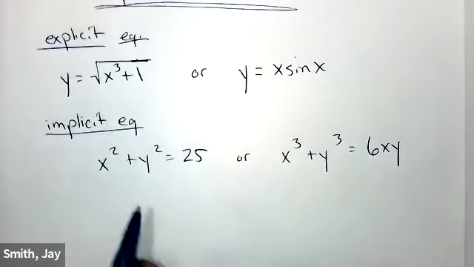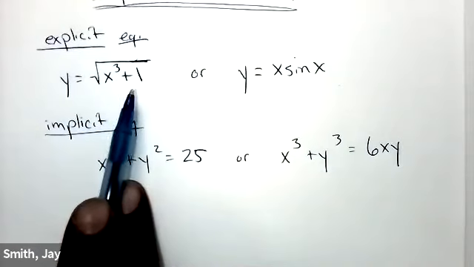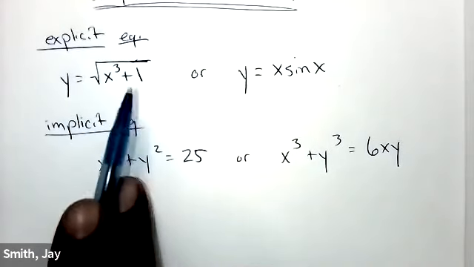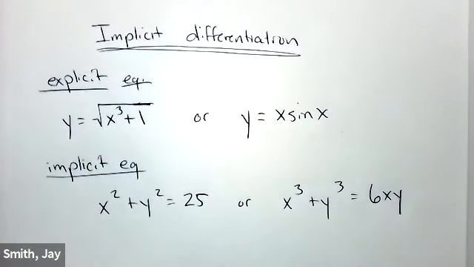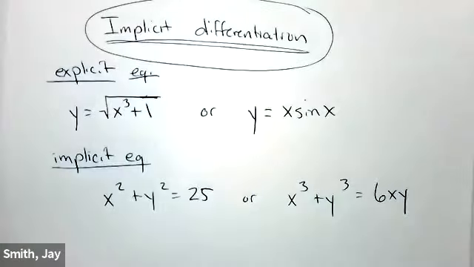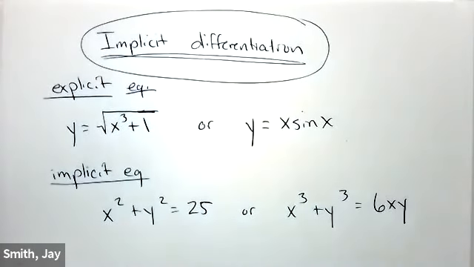So if we don't see y equals something in terms of x and x alone, then we know it's not an explicit equation, it's an implicit equation. And if it's an implicit equation, we can solve for the derivative implicitly by using the technique of implicit differentiation.